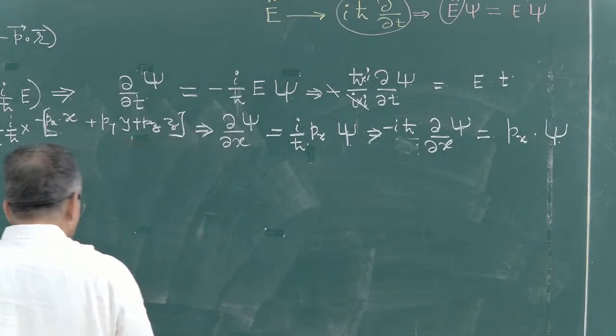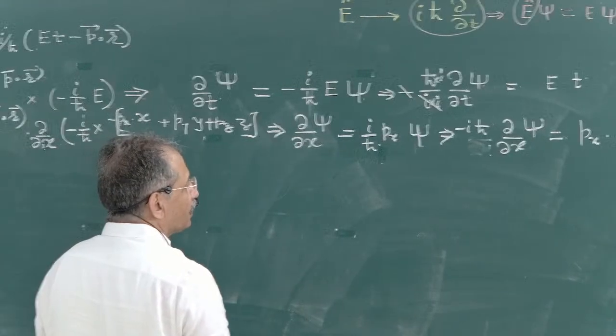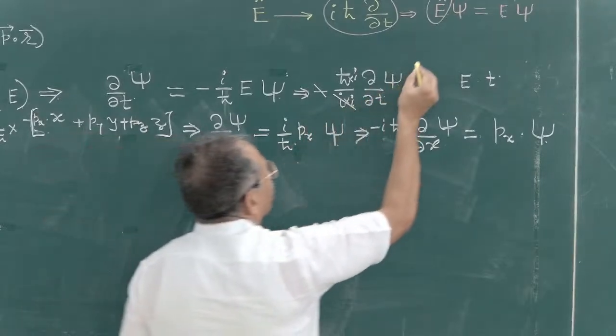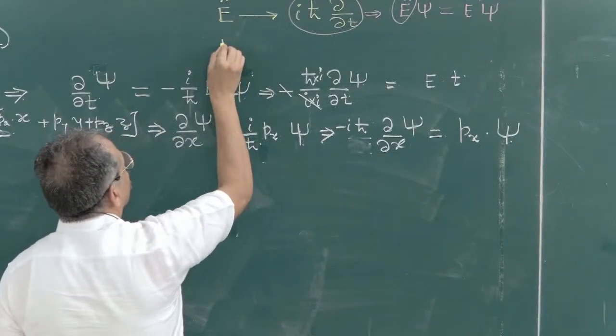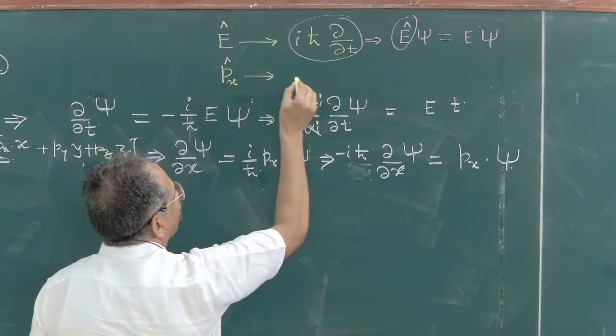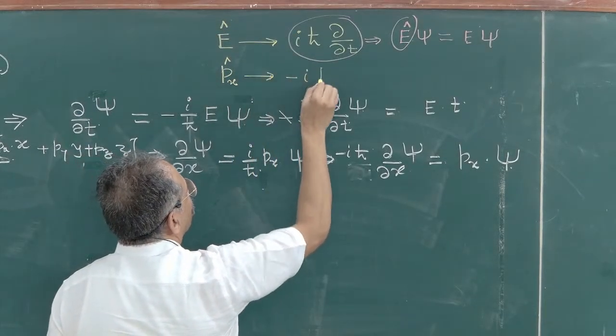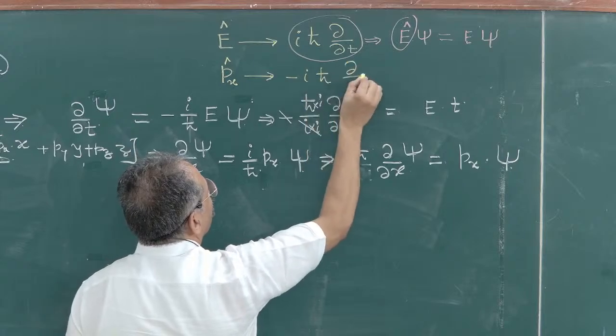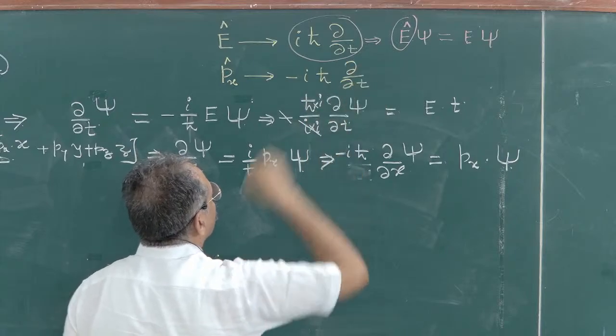So I want to write a momentum operator as p cap, rather px cap as minus i h cross into partial derivative with respect to x.